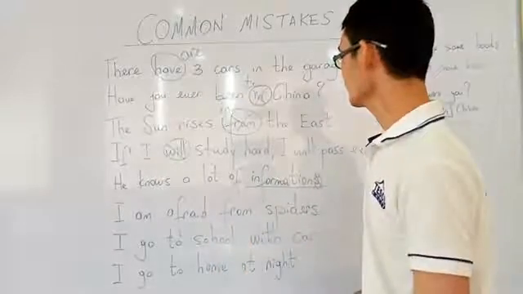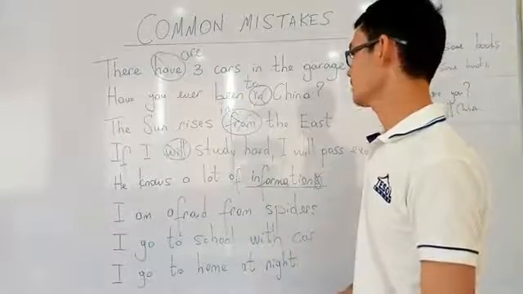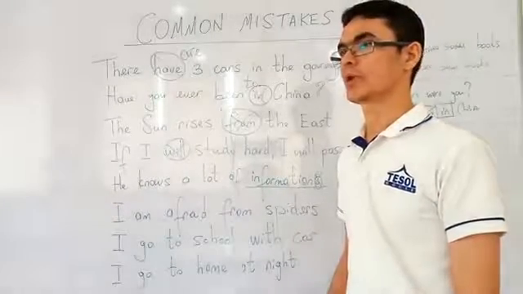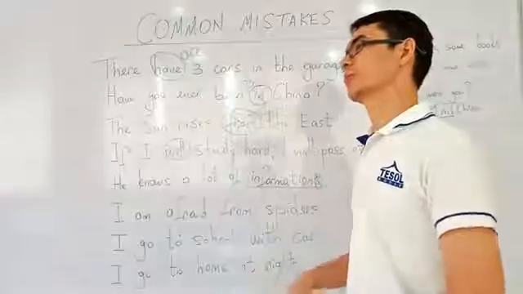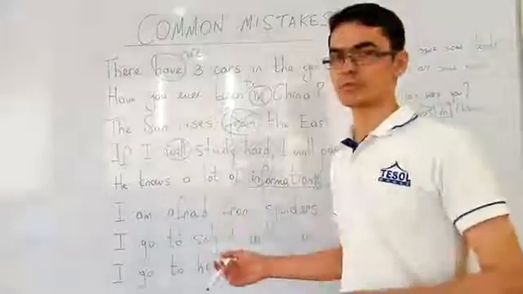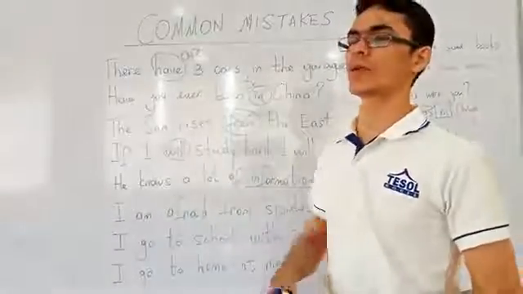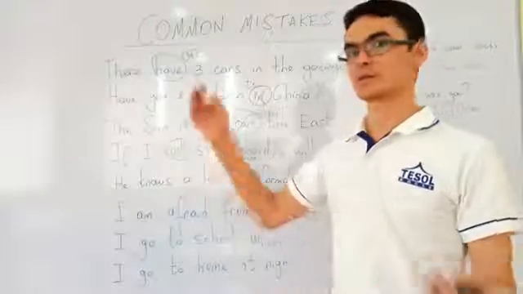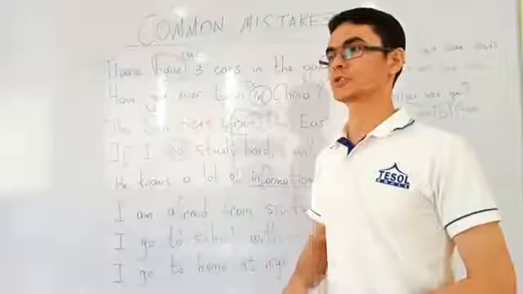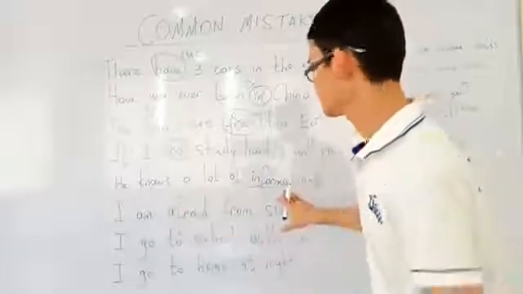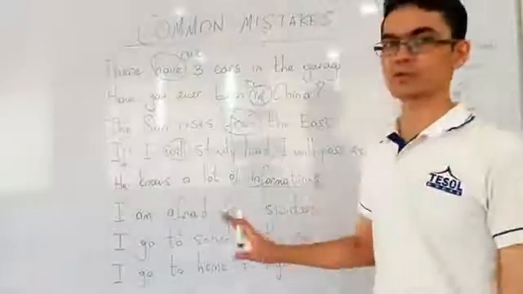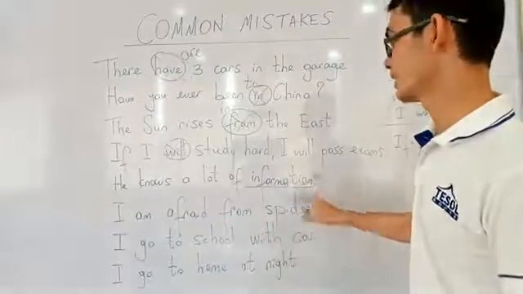Maybe you can say he knows a lot of information about something, about animals, okay, about stars, or about trees, maybe. Information is singular and uncountable, so we don't need to use the S ending.